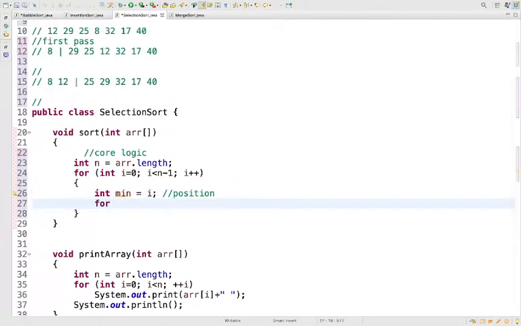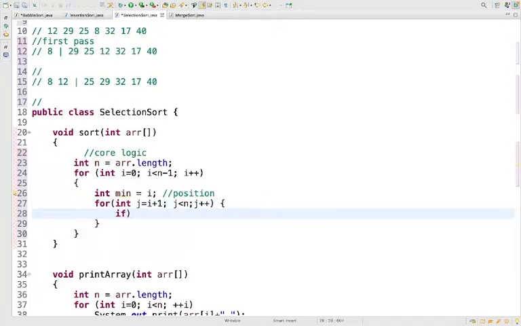Then we will write another loop in this, which will start with i plus 1. That means it will start looking through the rest of the array from here, and it will go till n, with j plus plus.